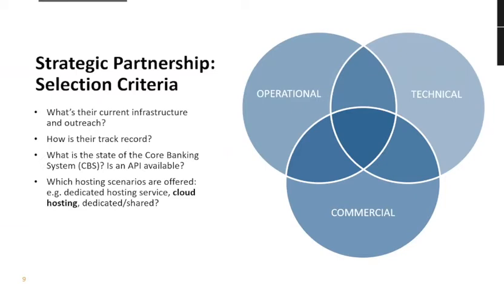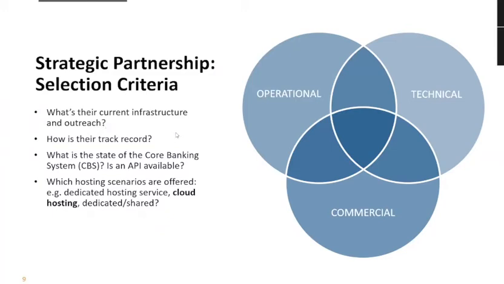It's a mission-critical service that has to be very carefully selected and very well assessed. So strategic partnership has to be aligned operationally, technically, and commercially with the institution. Key questions when you are selecting a partner should be, for example, what are their current infrastructure and outreach?